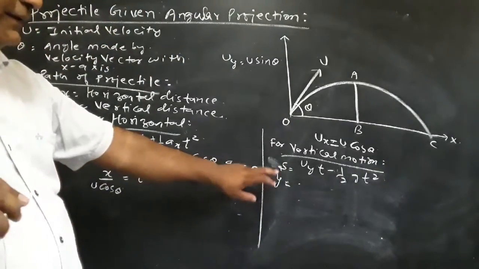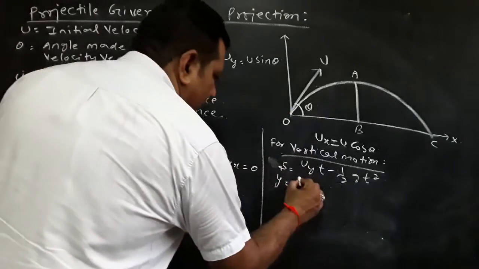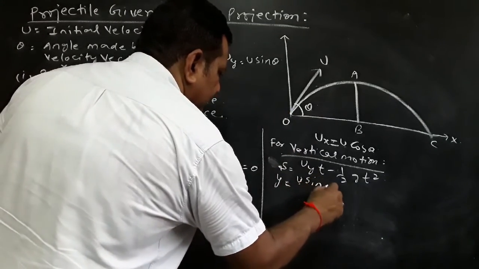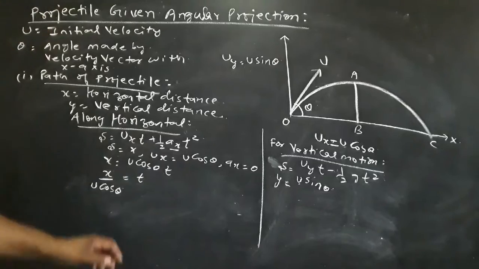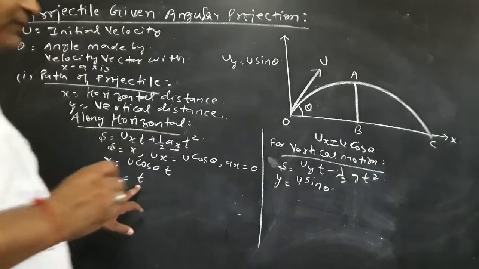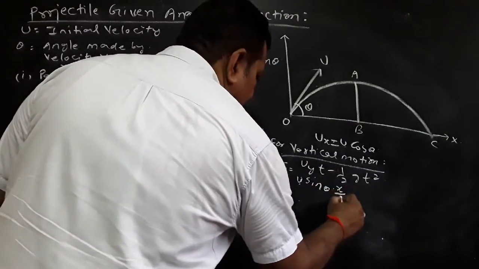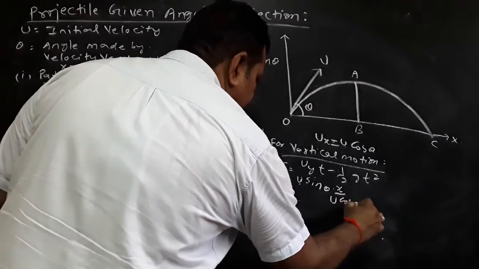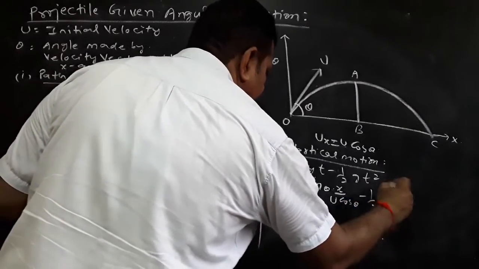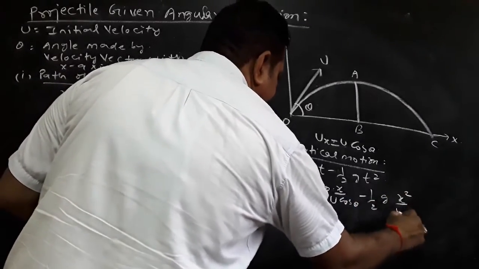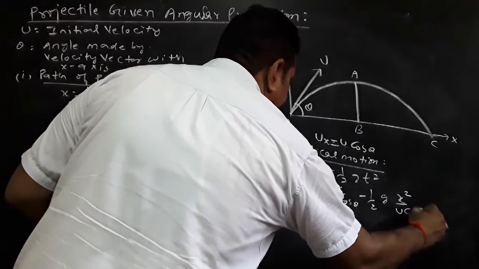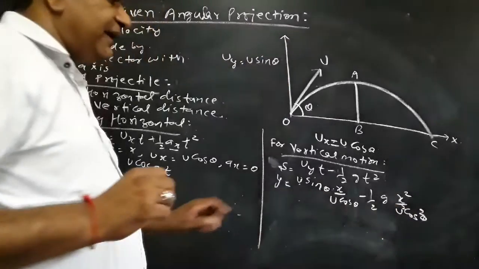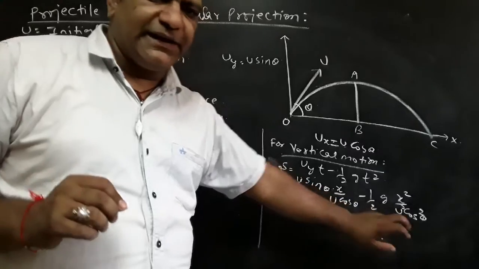Vertical distance is y, vertical velocity is u sin theta. From here, value of t is x by u cos theta, so y is equal to u sin theta into x by u cos theta minus half into g, x square upon u square into cos square theta.